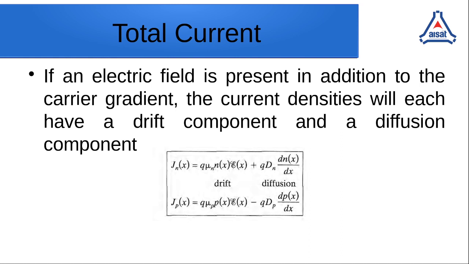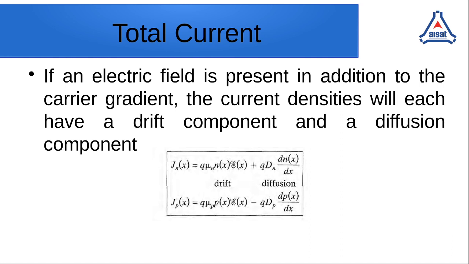Only difference with what we had studied earlier, here we have replaced Fx with E(x), because we know it is electric field, there is no other field, so we are using E. So that is the drift constituent plus the diffusion current q Dn dn(x) by dx.